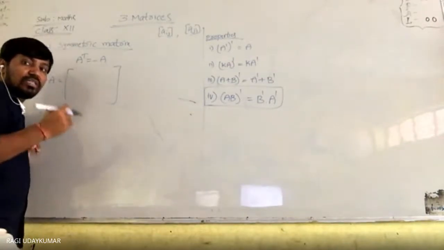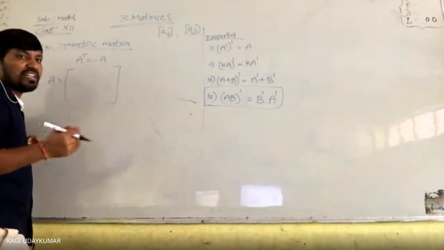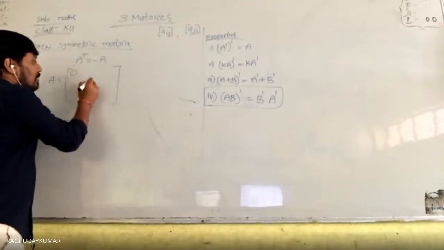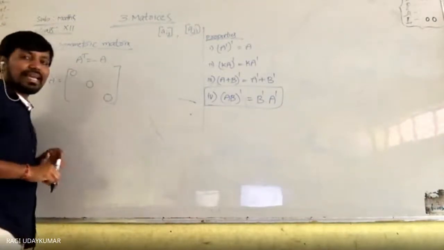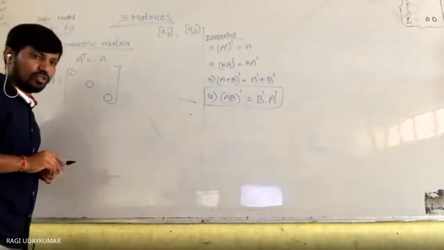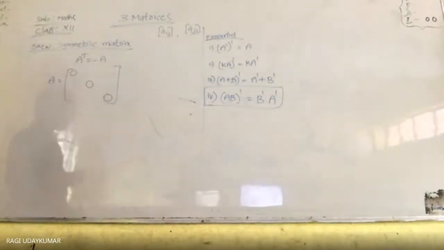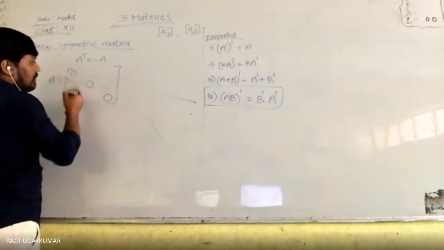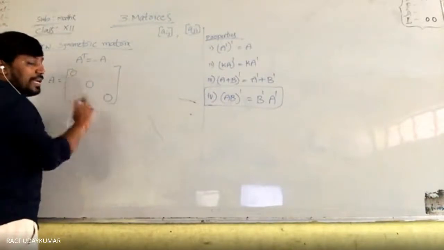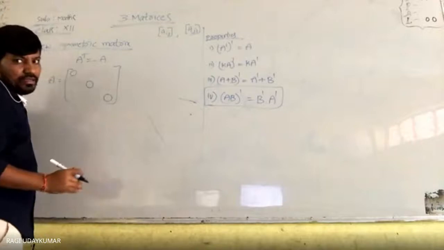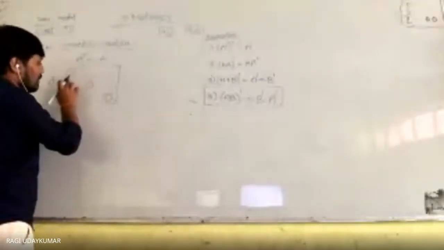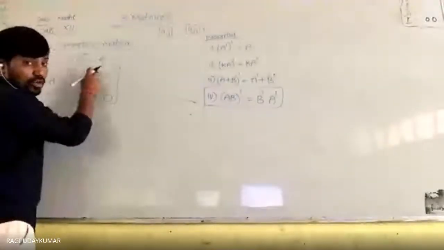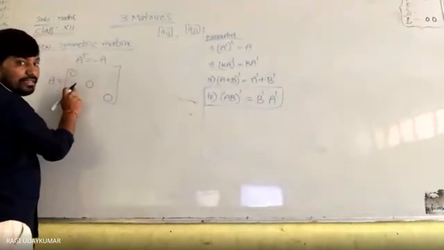So to give an example of a skew symmetric matrix, you need to take the principal diagonal elements as zeros. The next thing is that the other elements should be additive inverses. If 2 is here, then minus 2 should be there; if minus 2 is here, then plus 2 should be there; if 5 is here, then minus 5 should be there; if minus 5, then plus 5. Is it clear?